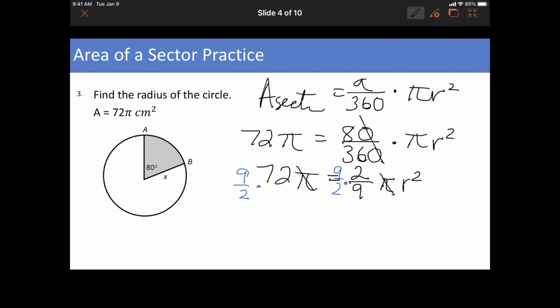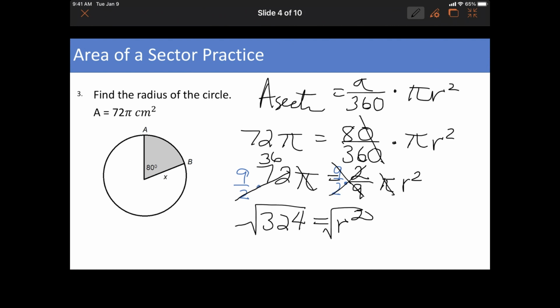All right, so 2 goes into 72 36 times. I don't know what that is off the top of my head. 36 times 9. That is 324 equals r squared. So to undo a square, you're going to take the square root.